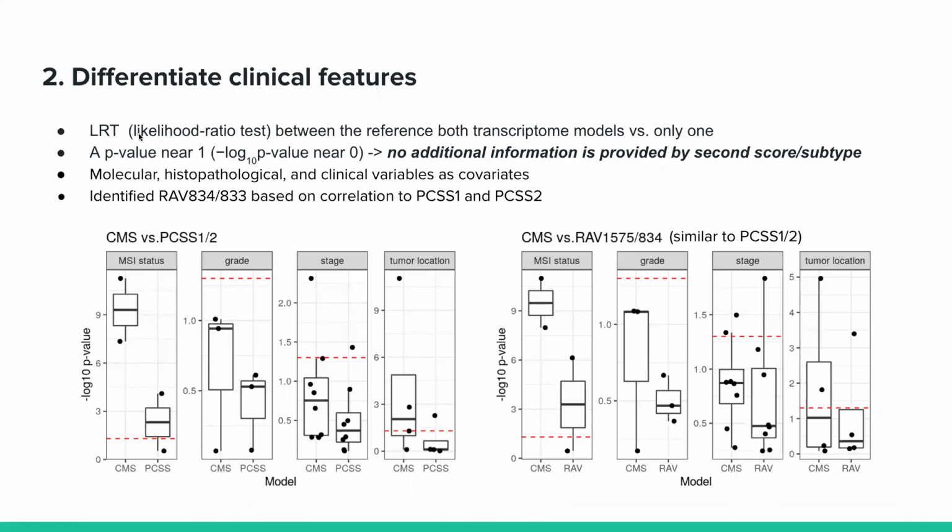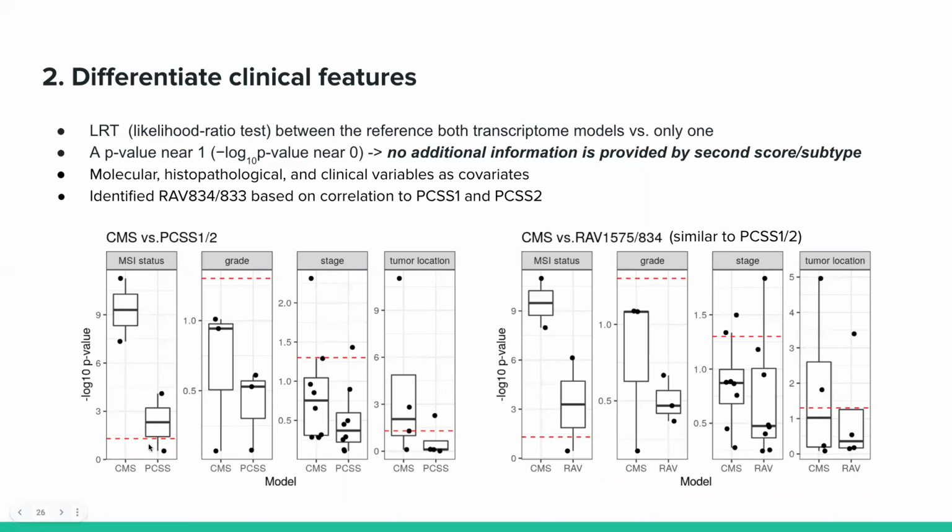The setup here is we have 4 different pieces of clinical and pathological data, and we set up a model where one of these is the outcome variable, and either one or both of these alternative transcriptome models is the predictor.